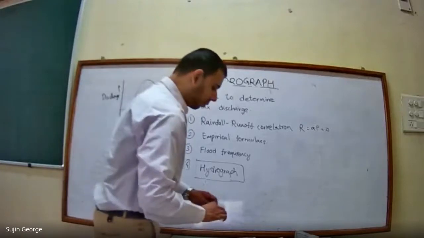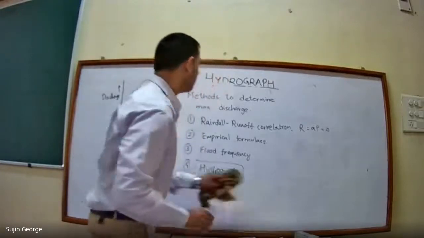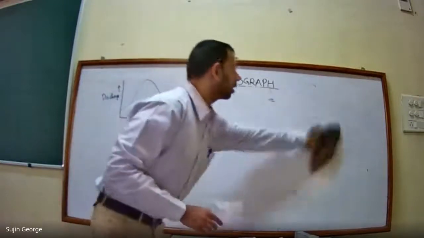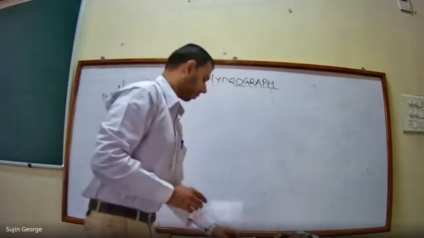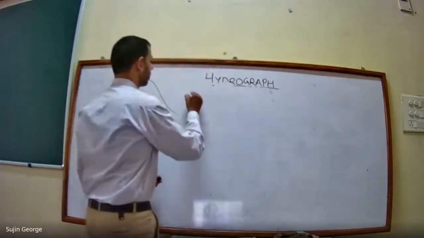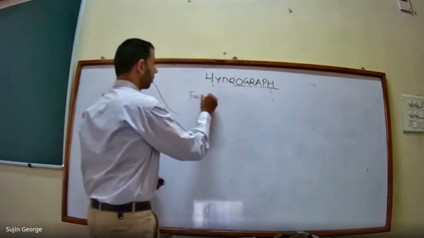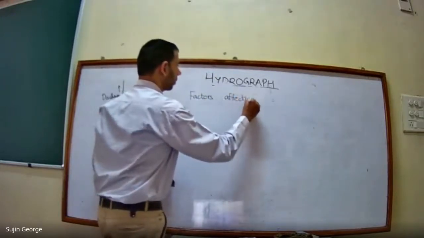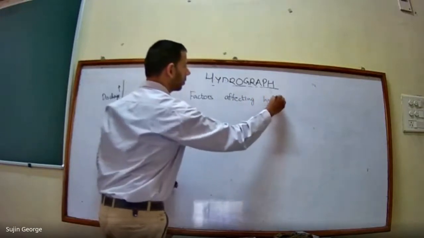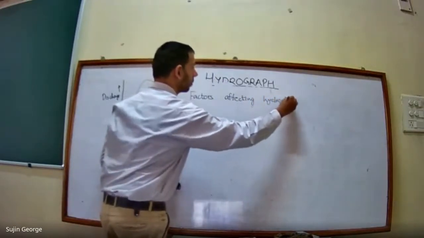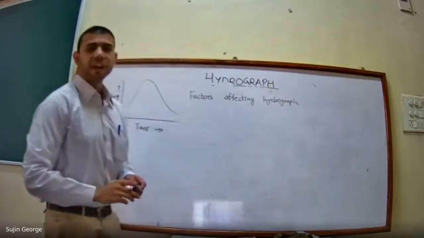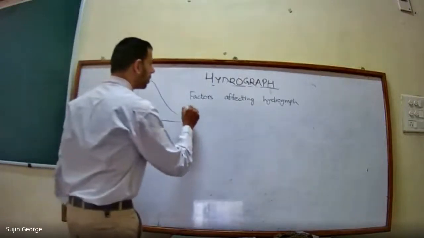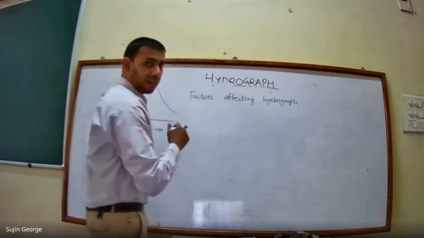So now we will move ahead and discuss the factors affecting hydrograph. Now, what are the factors affecting hydrograph? As I told you, hydrograph is a plot between discharge versus time.